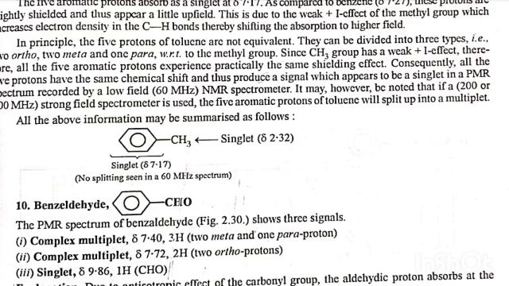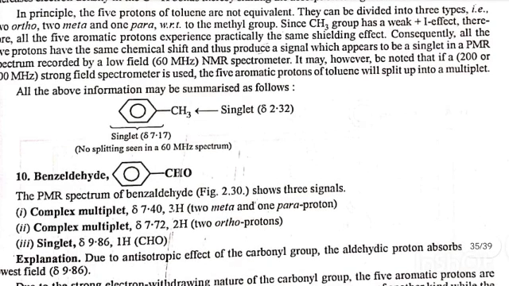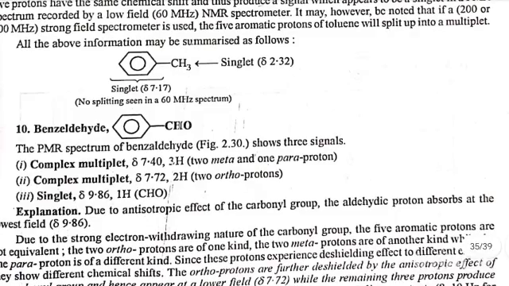Consequently, all the 5 protons have the same chemical shift and thus produce a signal which appears to be a singlet in a PMR spectrum recorded by a low-field 60 MHz NMR spectrometer. It may, however, be noted that if a 200 to 300 MHz strong-field spectrometer is used, the 5 aromatic protons of toluene will split up into a multiplet.